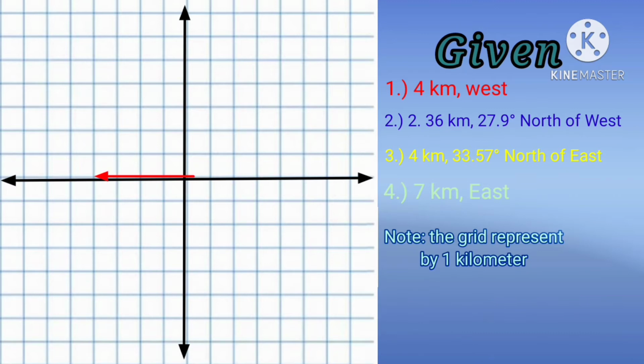So first is 4 km west, second 2.36 km, 27.9 degrees north of west. For this kind of vector, we need to use a protractor to measure the angle. And third is 4 km, 33.57 degrees north of east, and last is 7 km east.